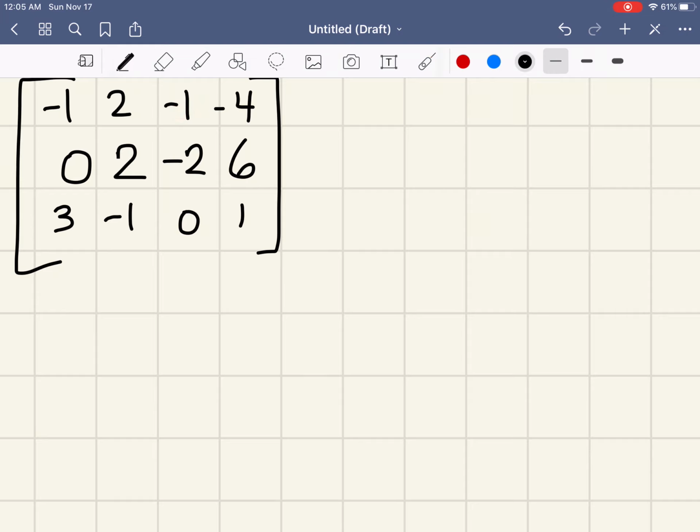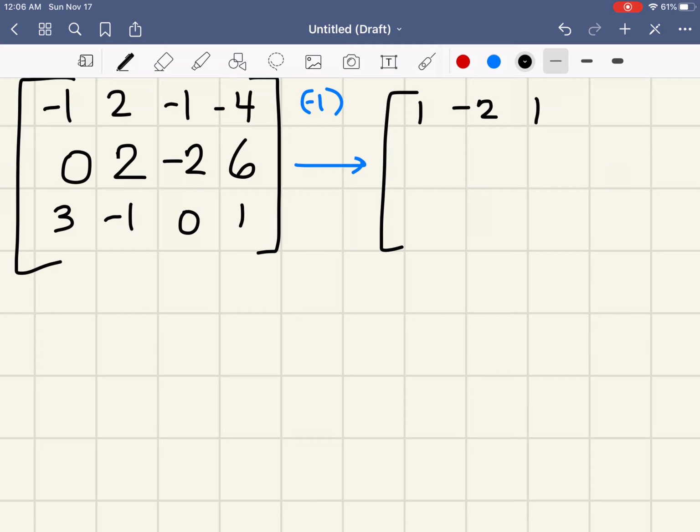If I do that to my first row, I get this row that goes 1, negative 2, 1, negative 1, and then 4.